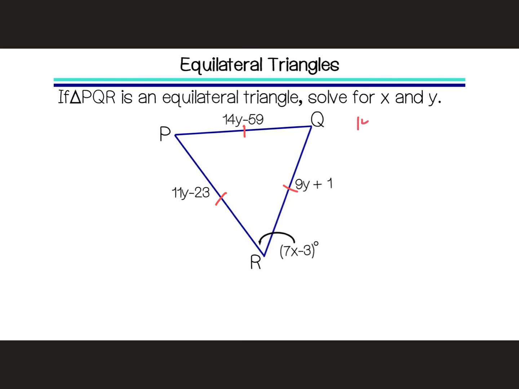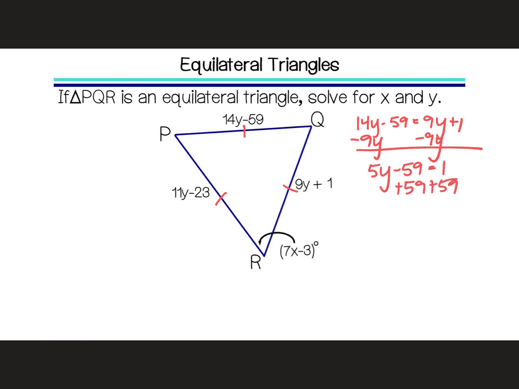If I take 14y minus 59 and set that equal to 9y plus 1, subtracting 9y on both sides gives me 5y minus 59 equals 1. Add 59. 5y equals 60. Divide by 5, and that gives me that y is 12.